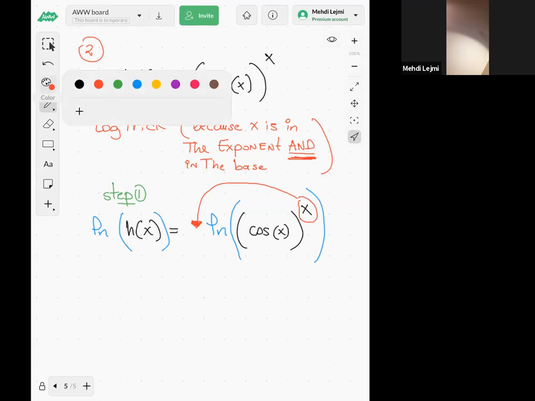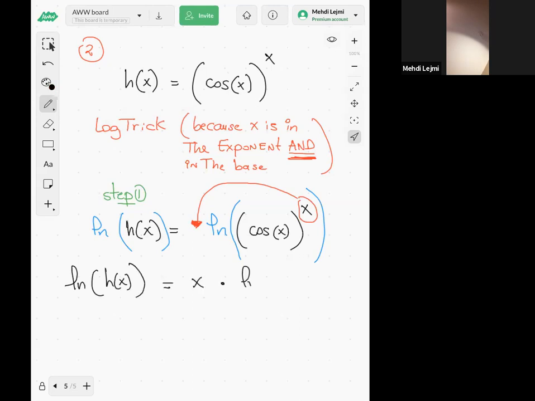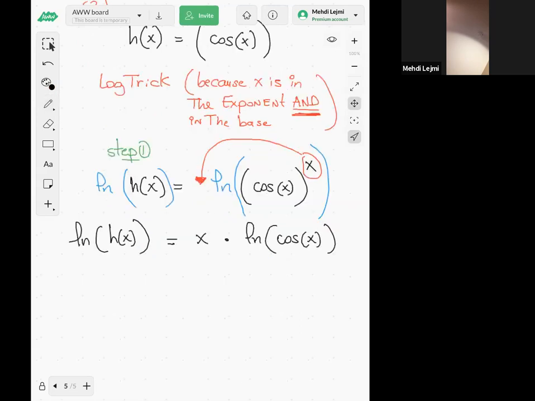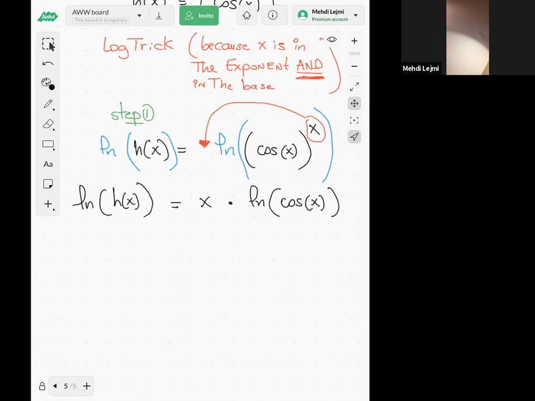So then we have natural log of h of x equal to x times natural log of cosine of x. Okay, and the next step, of course, would be to compute the derivative.